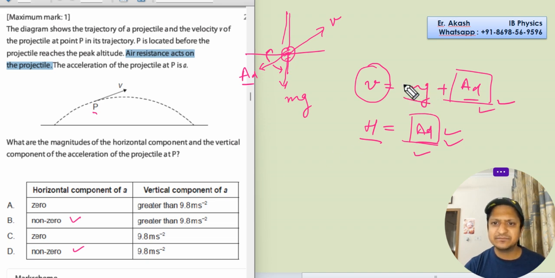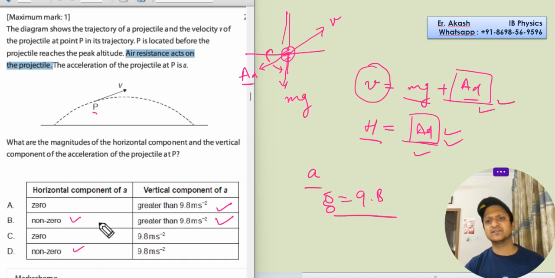We are only considering acceleration, so the value of g is 9.8, and it says greater than 9.8. Yes, definitely it is greater, but the other option says 0, so that option is not right. This is also greater, so both of the options are right, so B would be the answer.